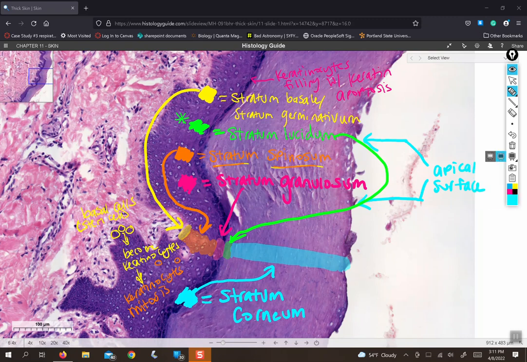So among the functions of the stratum corneum, it is waterproof. It is shear resistant, meaning it's hard to tear or rip. And it is a barrier to pathogens.